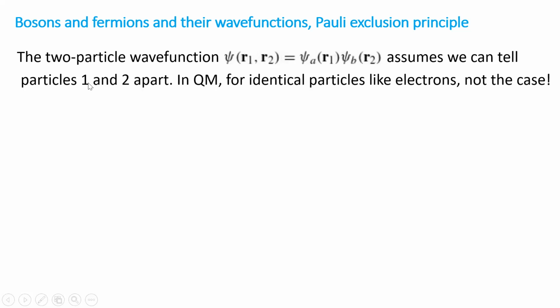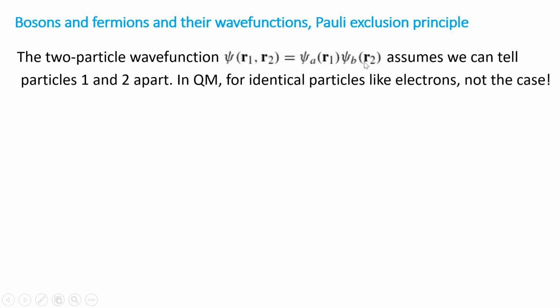That assumes we can tell particles 1 and 2 apart, because we have to know that particle 1 is in wave function A and particle 2 is in wave function B. But why couldn't particle 1 be in wave function B and particle 2 be in wave function A? So we have to be able to tell the particles apart to be able to write this wave function like this. It turns out in quantum mechanics, for identical particles like electrons, we can't actually tell the particles apart. One electron looks like every other electron. It's just simply not possible to label electrons 1 and 2 in a meaningful way.